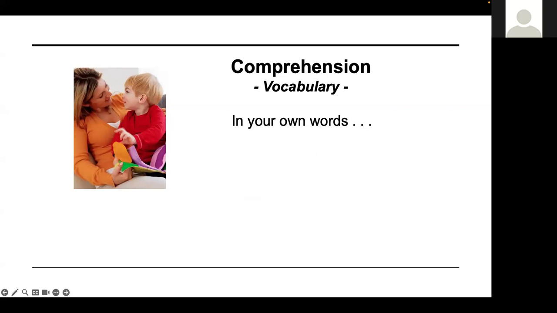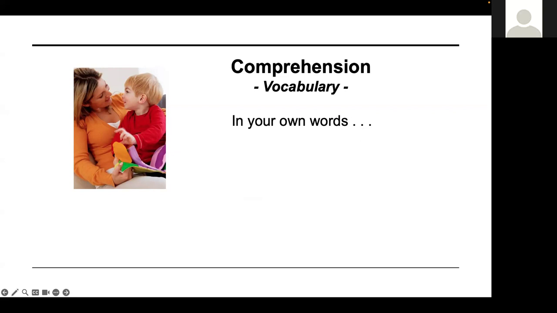So, when sharing books, for instance, with babies, you're going to say more words than are written in the books. So, where it says here, in your own words, the more words a child hears, the more they're going to know. So, you can use pictures as conversation starters. Talk about what you know.